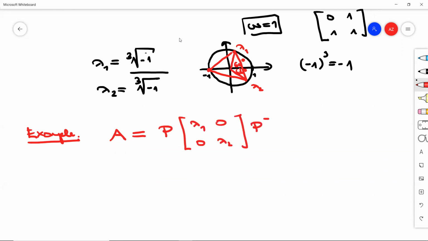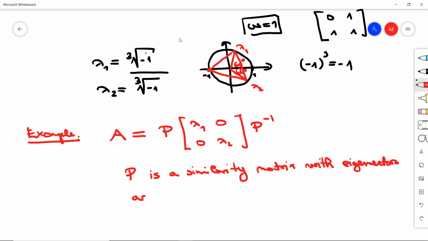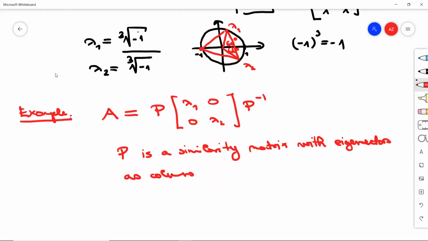And this P is a similarity matrix with eigenvectors as columns. So in fact, what you can do is just choose P to be invertible. You just take V1 to be a vector of your choice and V2 a vector of your choice.